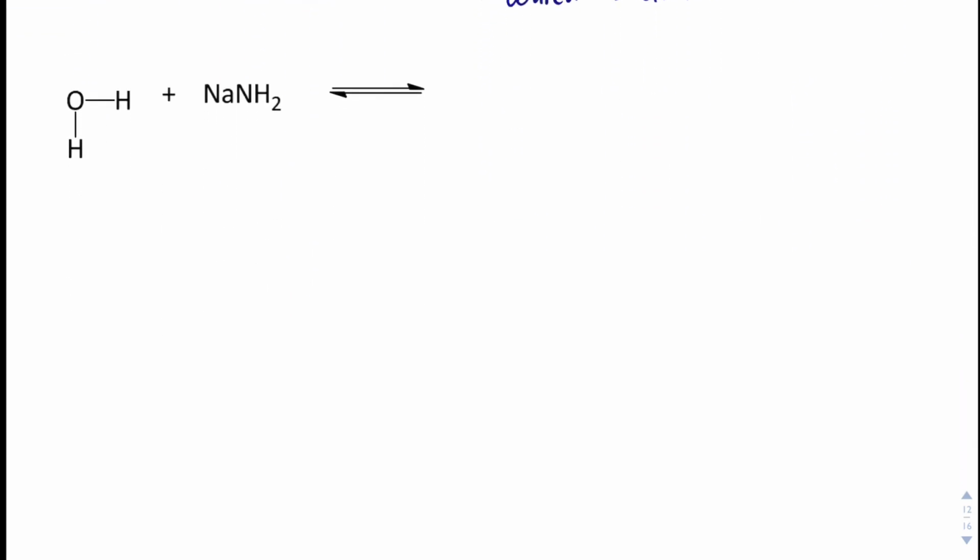Okay, let's look at the second one. One thing we're going to see a lot in acid-base reactions, and I've already said it earlier in this video, anything with sodium is going to be a base. That is because sodium is always going to be positively charged. It is what's called a spectator ion, and whatever's next to sodium has to be negatively charged.